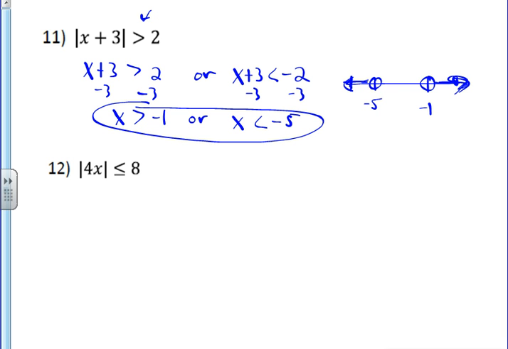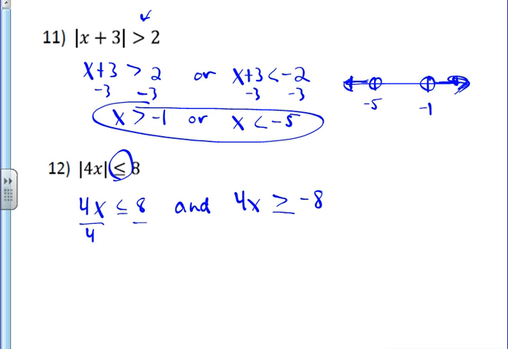And number 12, it's already solved for the absolute value, so you do the same thing: 4x less than or equal to 8, but because it's less than this time instead of greater than, you've got to put an "and" in there. And then the other one is the same thing, except you change the direction of the sign to greater than or equal to, and change the sign of the 8 to negative 8.